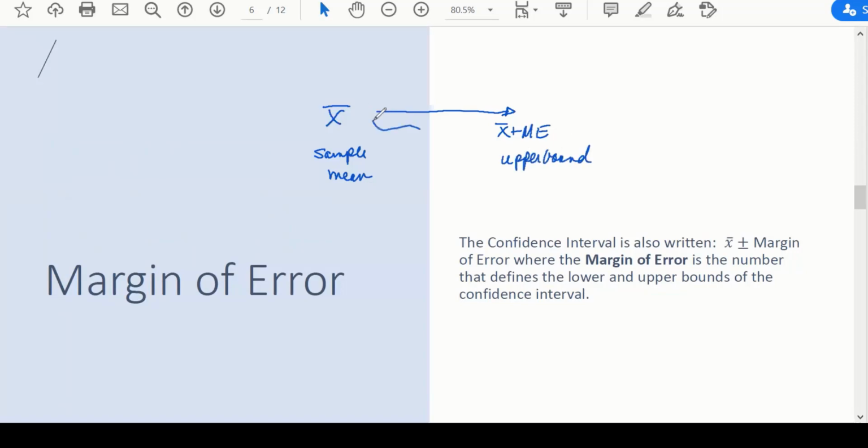So we're adding the margin of error here. If we go in the other direction, we're going to subtract the margin of error, and that gives us x bar minus the margin of error. And this is our lower bound.